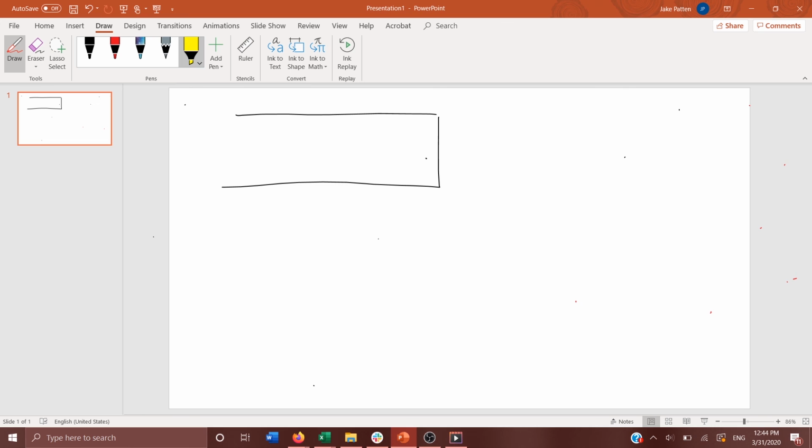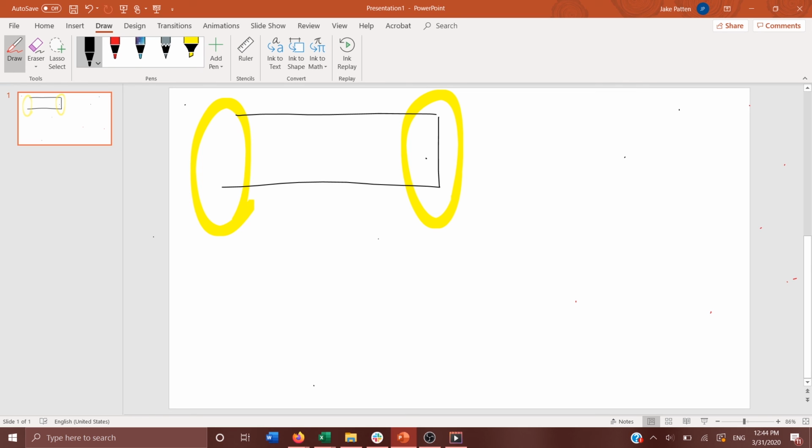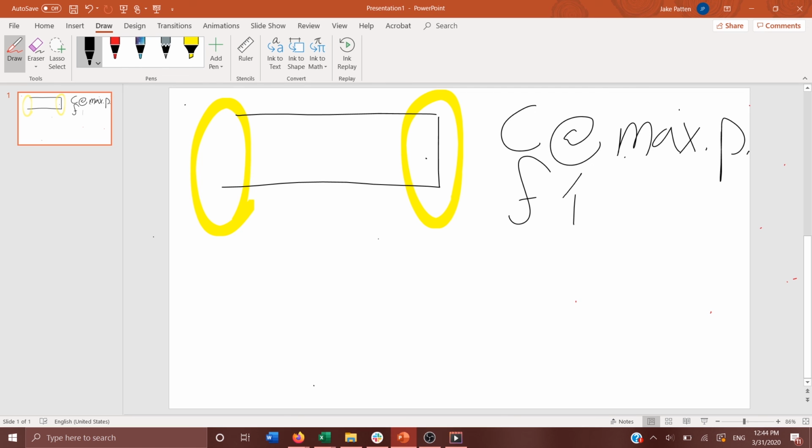Where's maximum pressure? Right here. Minimum pressure is here. So when you have a constriction at maximum pressure, your frequency goes up.